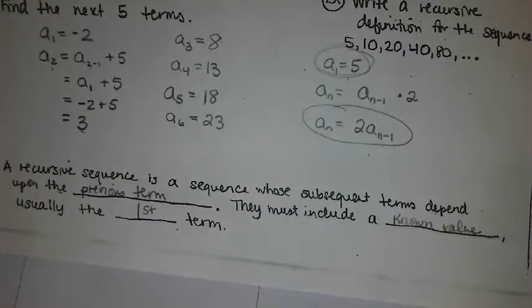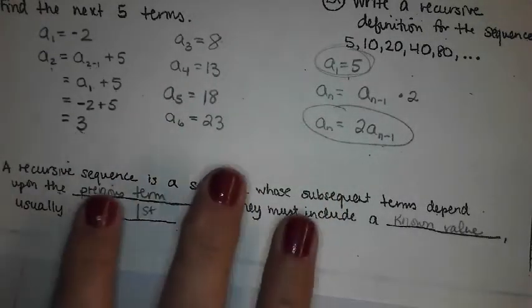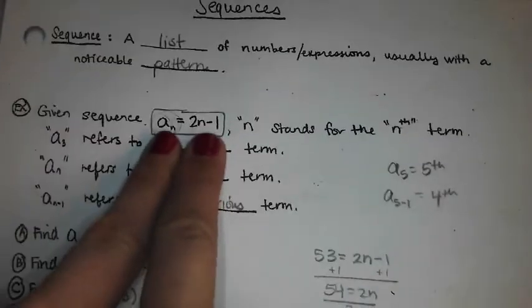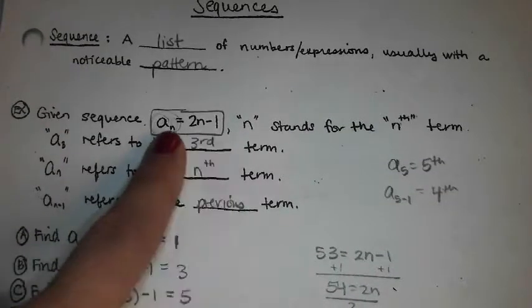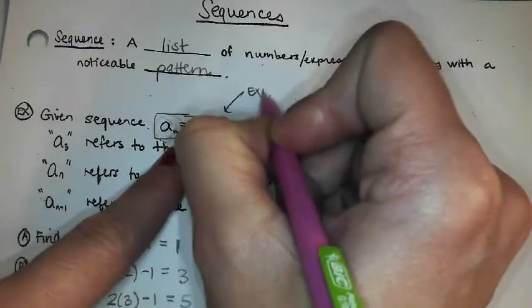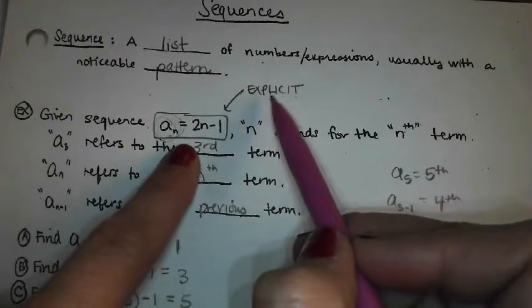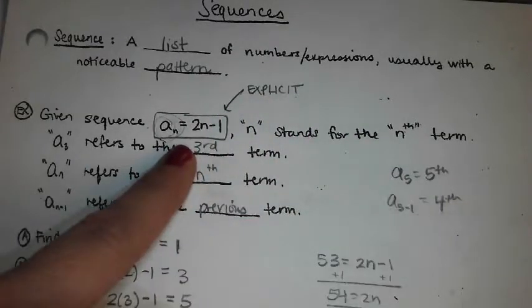So recursive terms, it's a lot harder to find the 100th term, because you can't just find a sub 100. Like, this is not a recursive formula. This is called explicit. And explicits are ideal because if I want the 100th term, I'm just going to plug in 100.